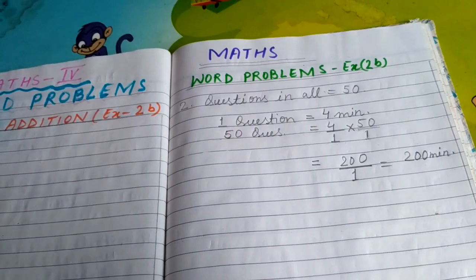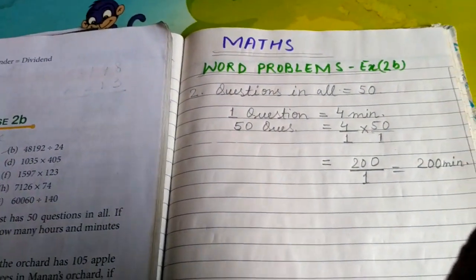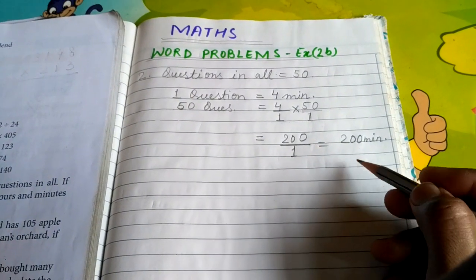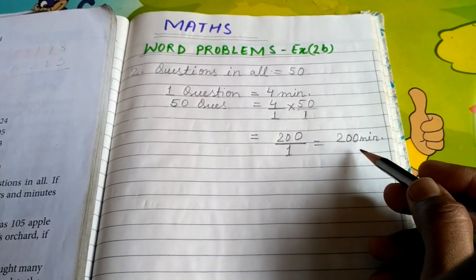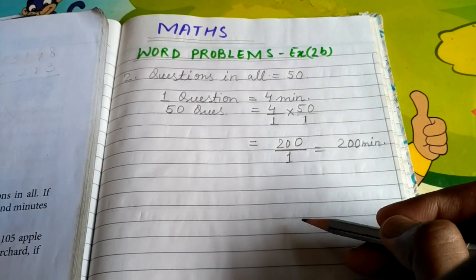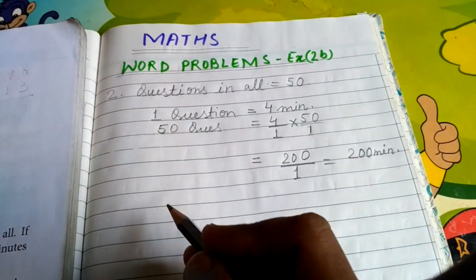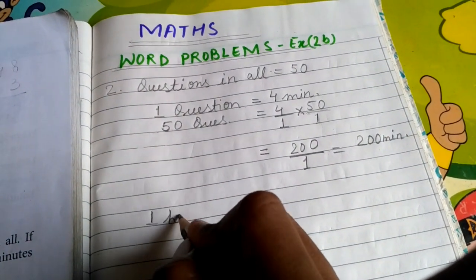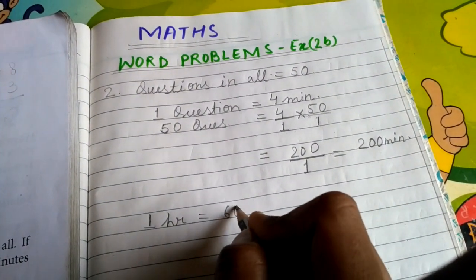But now we will convert this. You can write the answer like this also, but it would be better if you convert it into hours. If you convert 200 minutes into hours, we know in 1 hour there are 60 minutes.